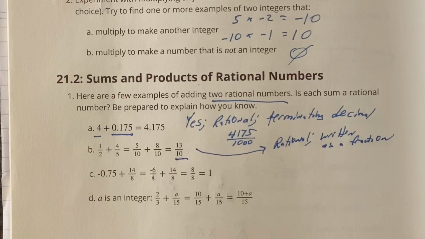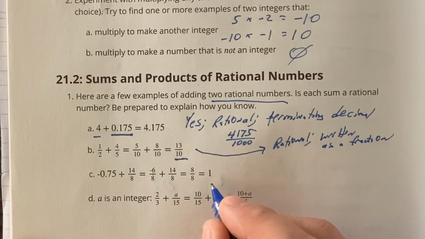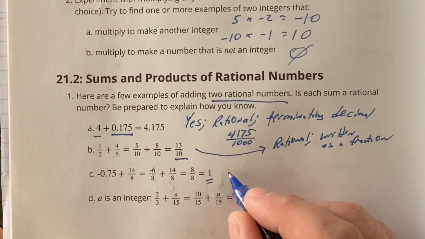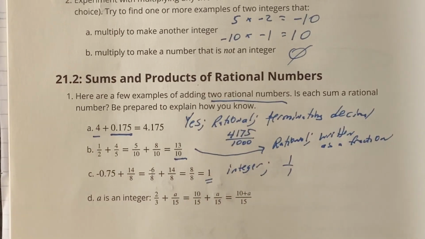You could put it in a decimal form. It's 1.3 repeating. It's another way to tell. C is an easy one. Of course, 1 is. 1 is an integer. Could also be written as a fraction, right? 1 over 1.